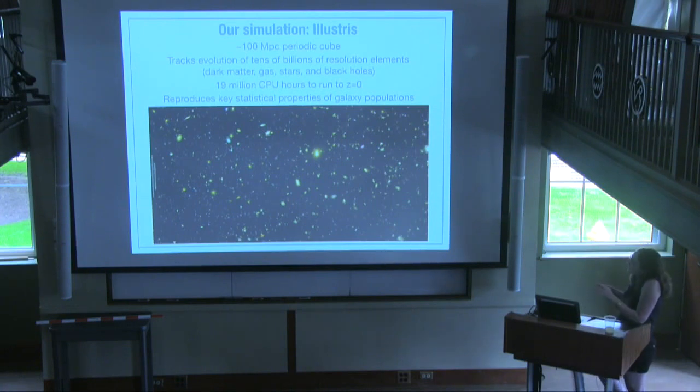So the real key way to tell the difference between these two panels is if you look at this guy over here, that's actually a star that's in the way, and you can see diffraction spikes on the star. That's an observational artifact that tells you that this is actually the UDF, and this is the Illustris mock Ultra Deep Field.